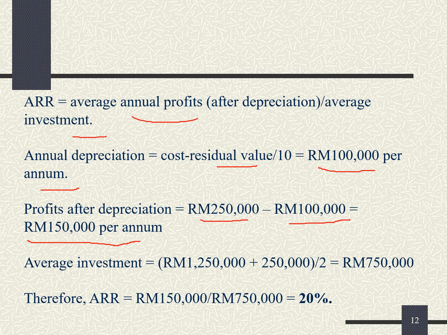So average investment ialah harga permulaan campur dengan harga selepas 10 tahun bagi dengan 2, you get this 750,000 ringgit. Therefore ARR ialah 150,000 per annum tadi bagi dengan 750,000 ringgit, you get 20%.